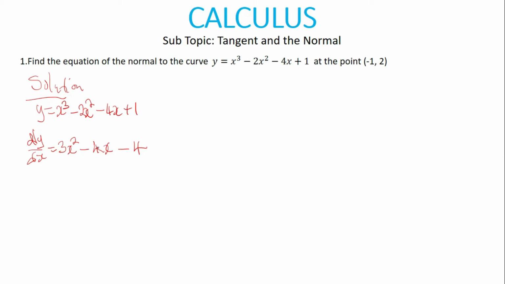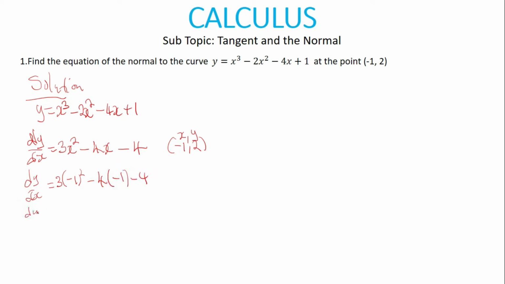Now remember, we've been told that it's at the point -1, 2, which is the value of x and y as a coordinate. So now here you need to replace wherever there's x, you have to put -1. So dy/dx is equals to 3 open brackets -1 squared minus 4 open brackets -1 minus 4.